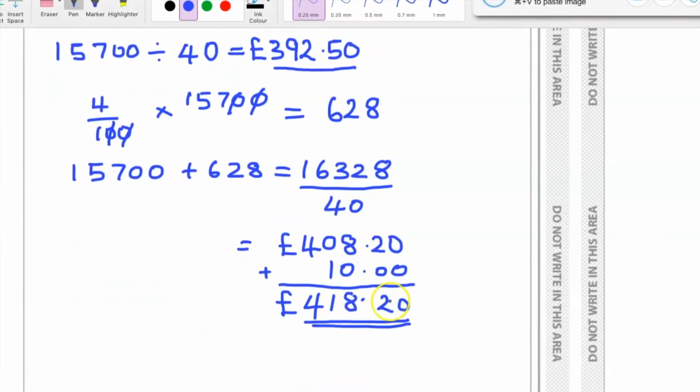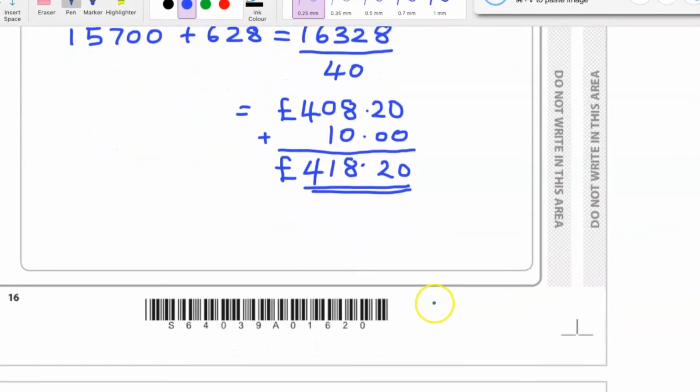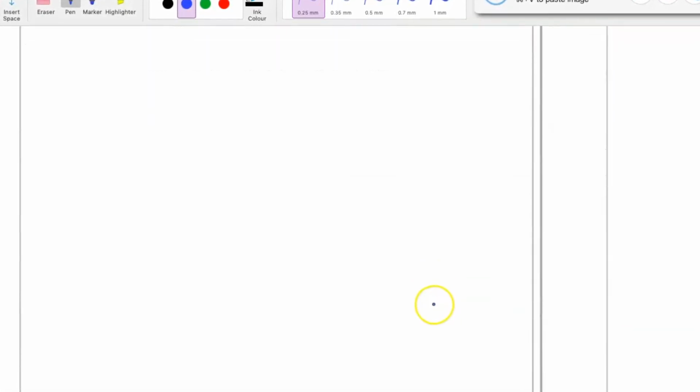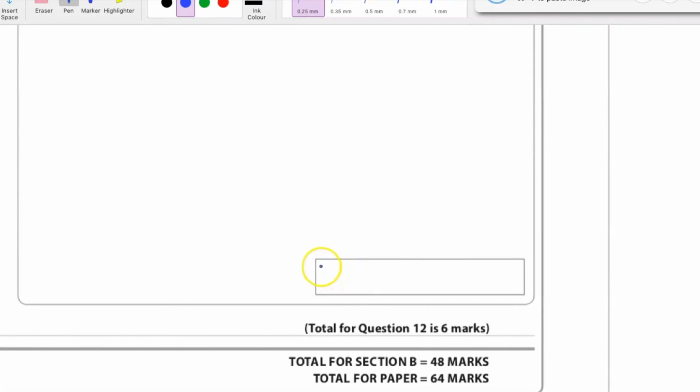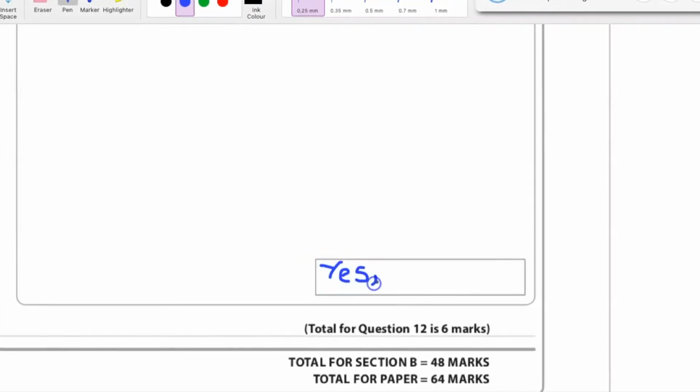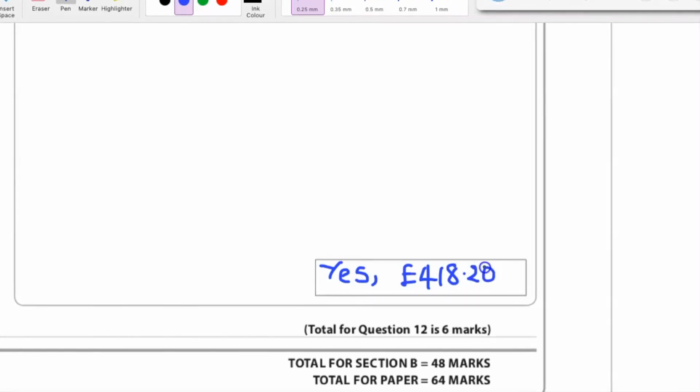Yes, it is, because each worker is going to get 418 and 20 pence. So we have to say, yes, Jim is right. Each worker will get £418.20.